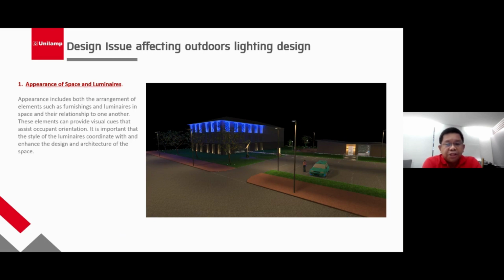At the same time, the arrangement is very important, so we need to make sure that it will not obstruct the circulation area. Spacing is very important, and also the mounting height, in order to evaluate the proper wattage and the coverage of illumination. And the locations will also give us a more outstanding circulation path to follow, like orientation lighting. So these are all the things that we need to consider: the appearance of space and the luminaires.